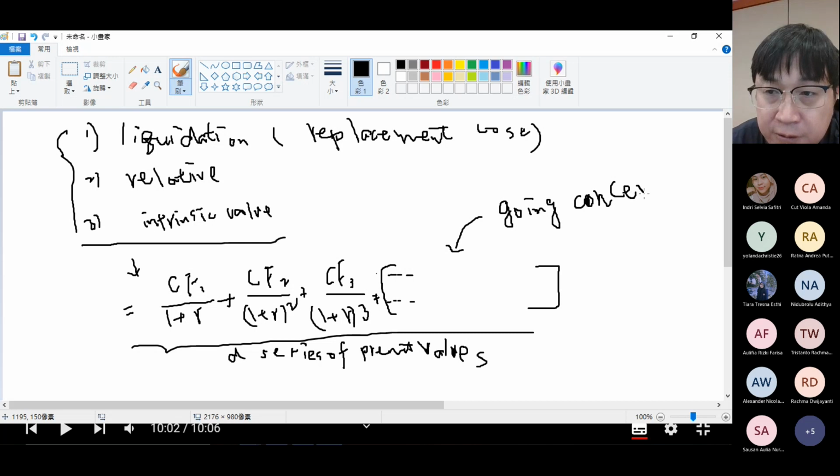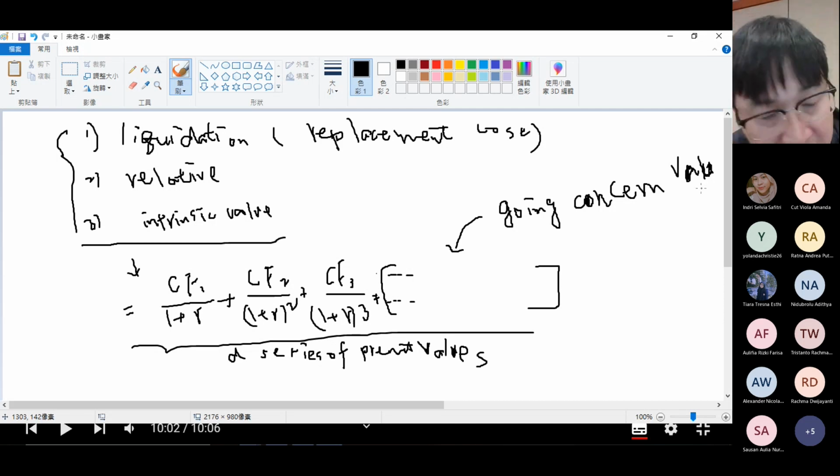If you are not going to continue your operation, so you stop right here. In other words, you can call this block the terminal value.